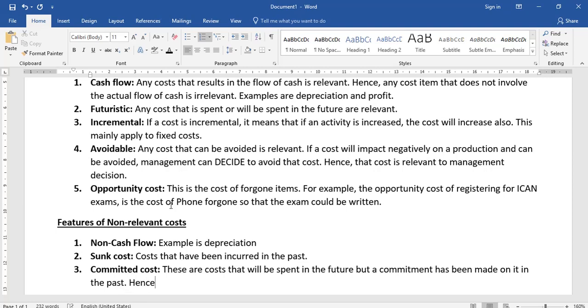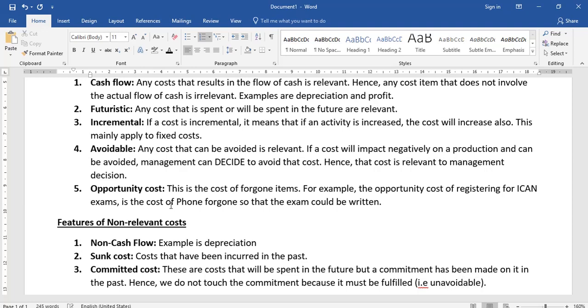Hence, we do not touch the commitment because it must be fulfilled, i.e., unavoidable.